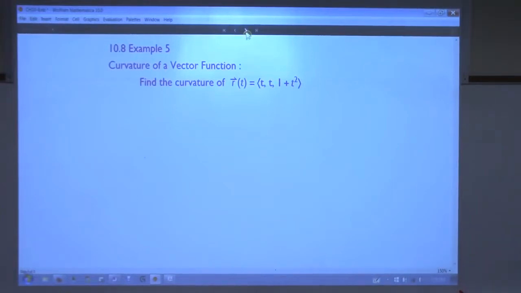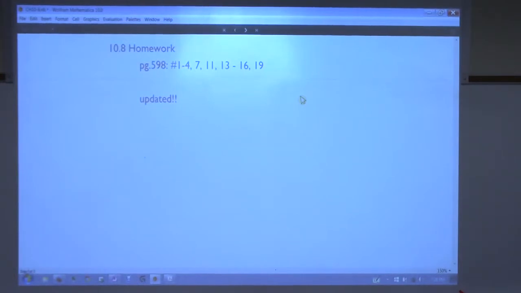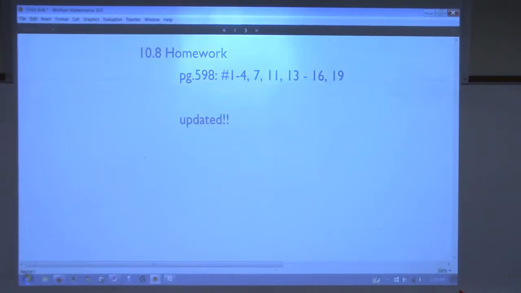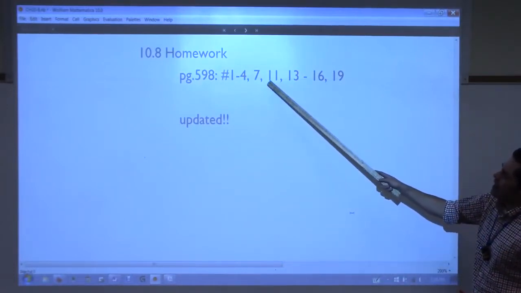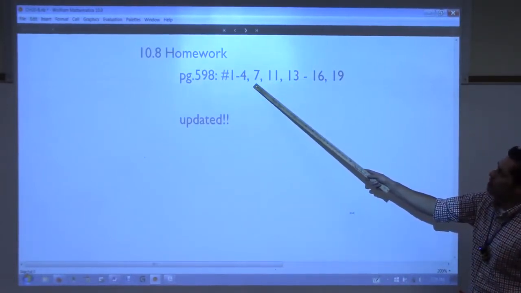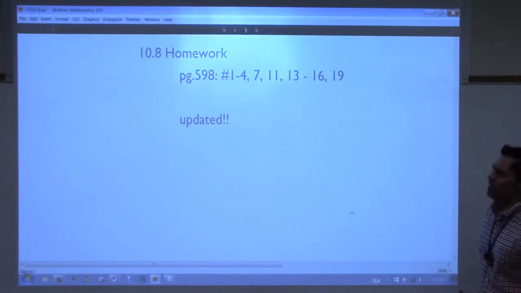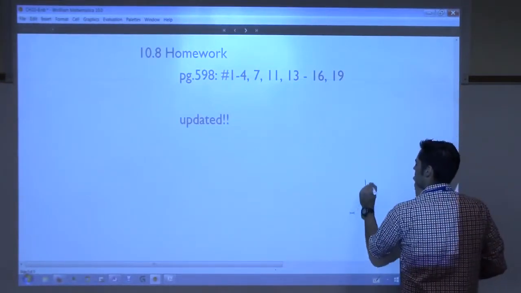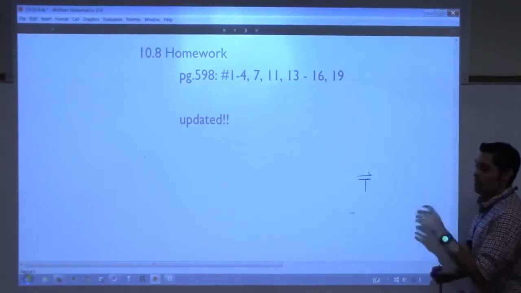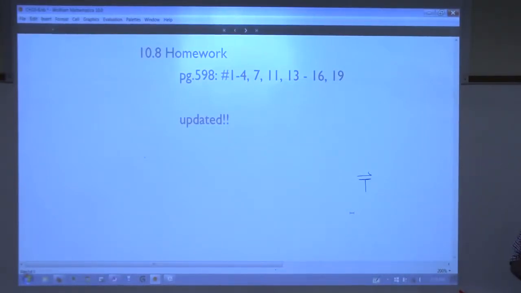And I have an updated homework assignment. This is the updated homework assignment. What I've changed in here is I think I took out number 12, I added number 7, and then 13 through 16, I think I had only asked you to compute capital T in the previous homework assignment.